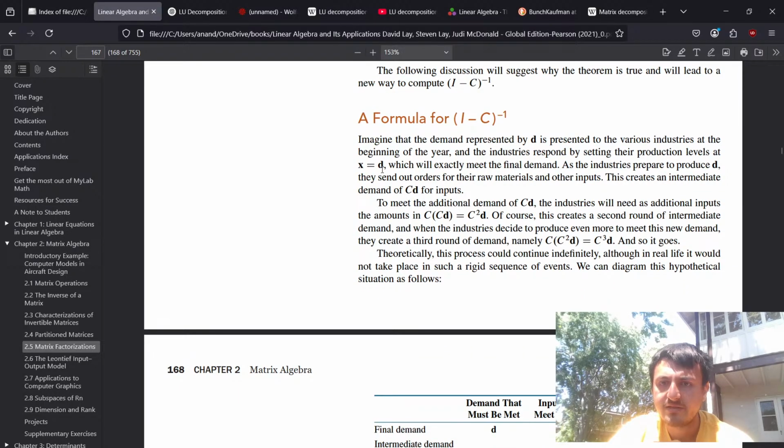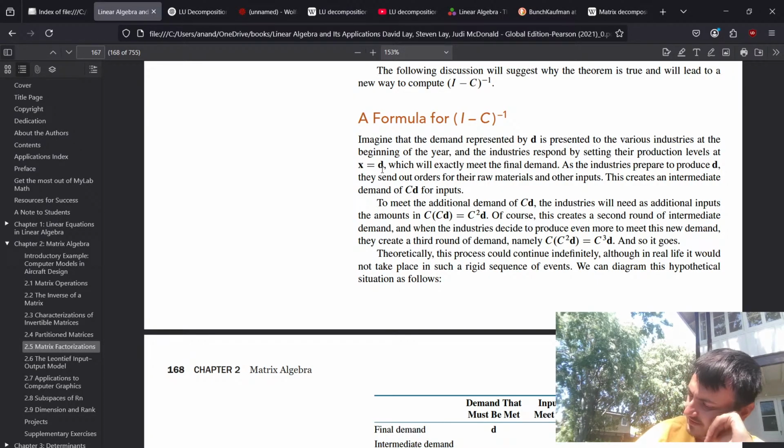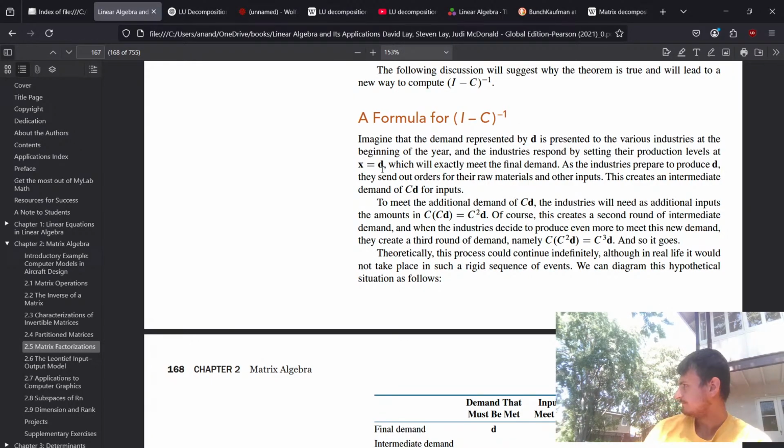Imagine that the demand D is presented to the various industries at the beginning of the year, and the industries respond by setting their production levels at X equal to D. So if X equals D, then X equals CX plus X. So then CX needs to equal 0.